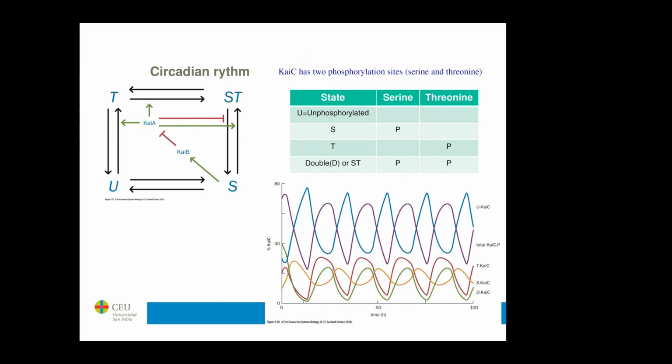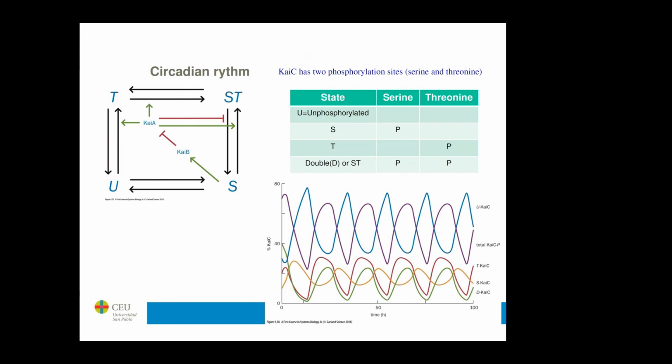So the S state activates another protein, Chi-B, and then this Chi-B inhibits Chi-A, and Chi-A activates this transition here, this transition here, this transition here. So it activates this way back, but it inhibits this way down.